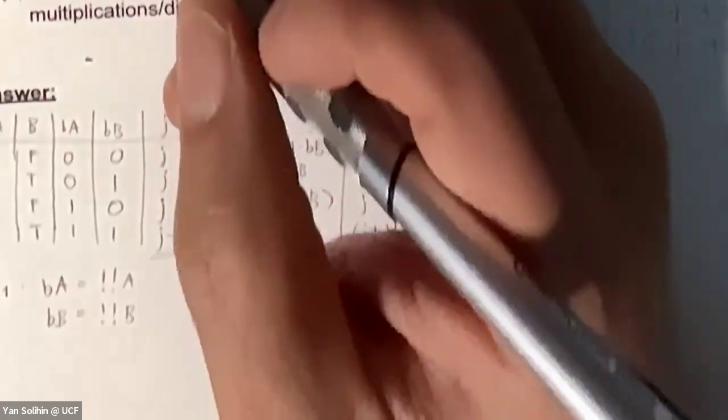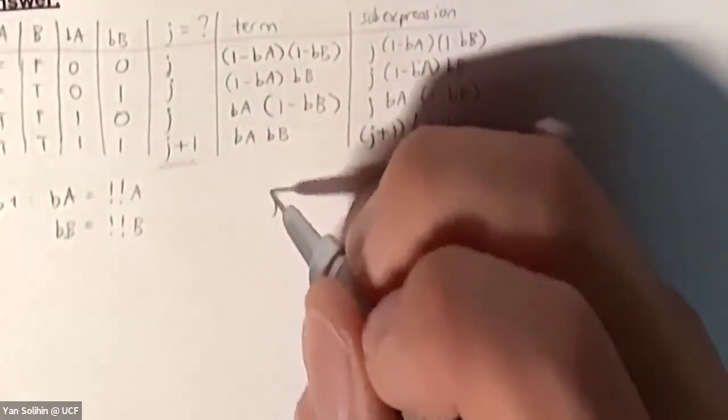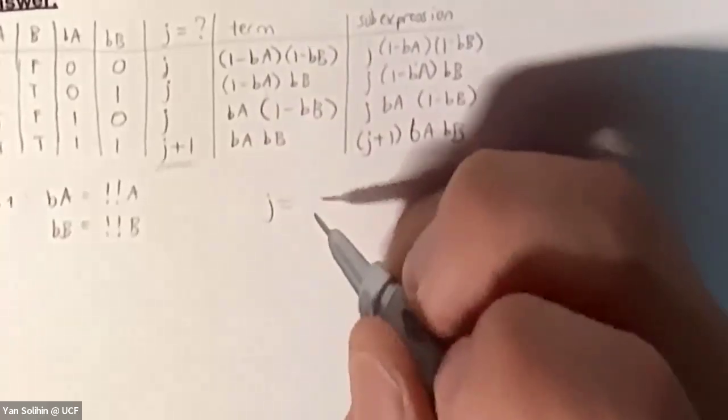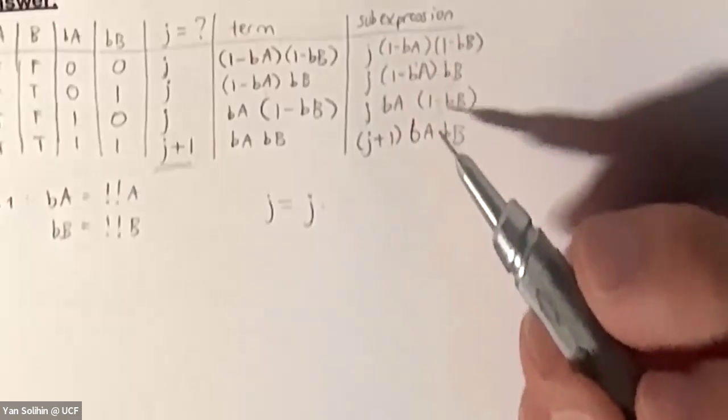Okay, that's it. After you finish this, the final answer is that the code right here will be changed. It will become J equals J times, and then we have 3 expressions, so we can just put them together like this.